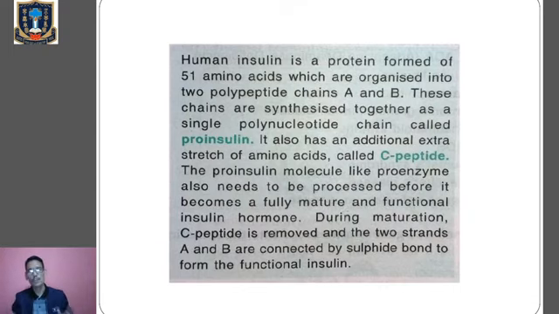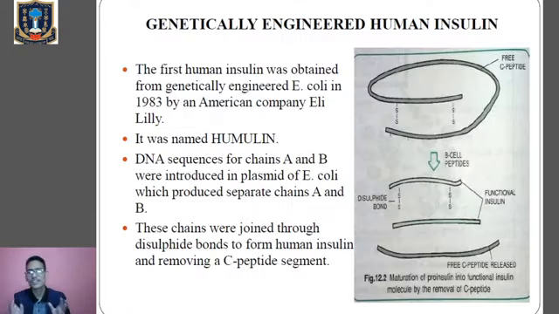So in the case of human insulin, we have got the extra C peptide chain which needs to be removed for the insulin to become fully functional. Clear? Okay, now let's go back to the production of genetically engineered human insulin. So I have told you that insulin is mainly used for the treatment of diabetes mellitus.